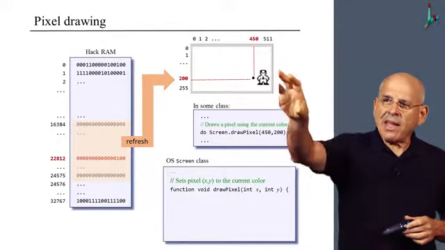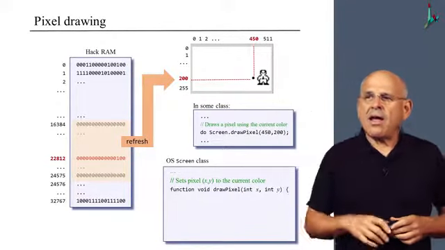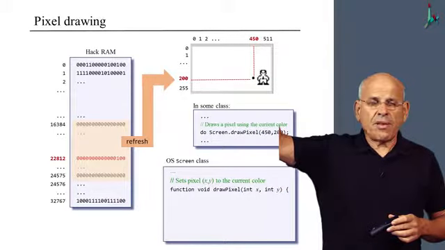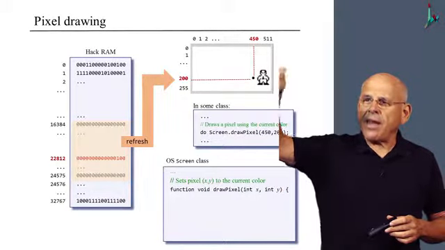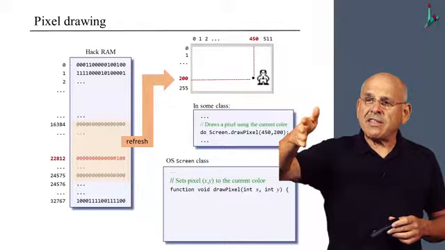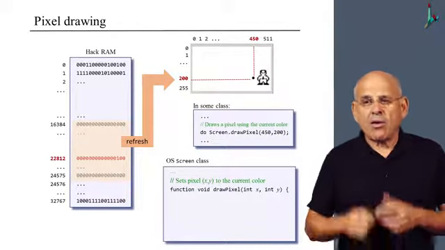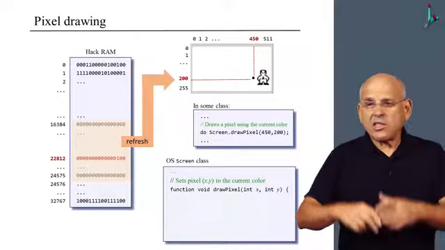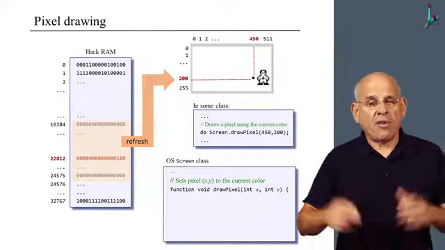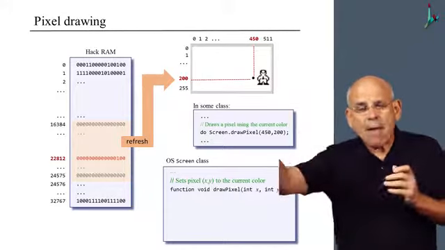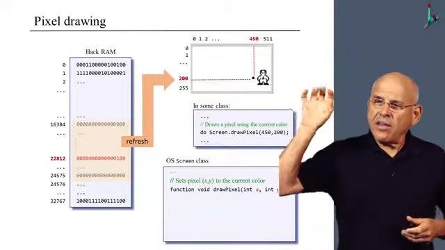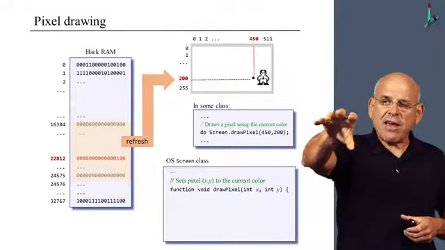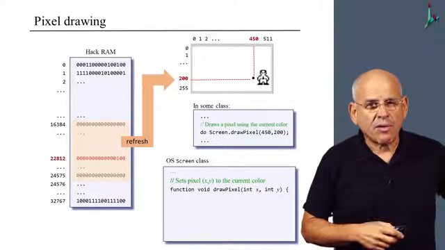Because you see on the right-hand side on the screen, we have a representation which is 512 pixels wide and 256 pixels deep. And on the left, we have a RAM, which is so many words long of 16-bit words. So the mapping between the two-dimensional space that we have here and the one-dimensional space that we have there is quite straightforward.